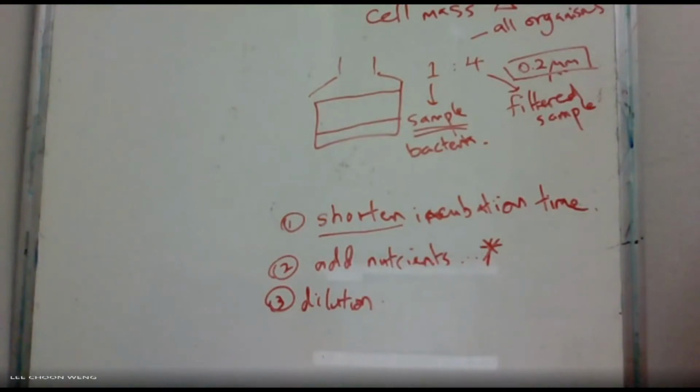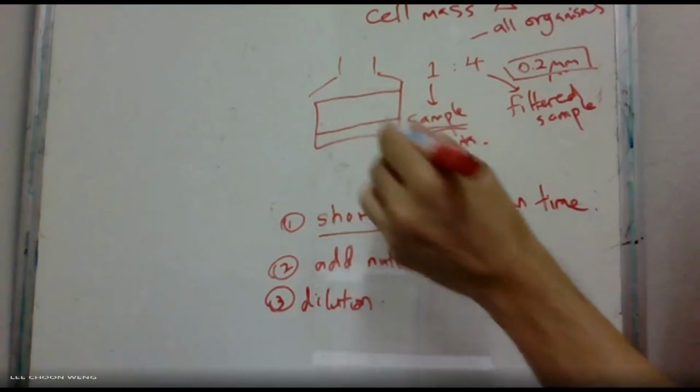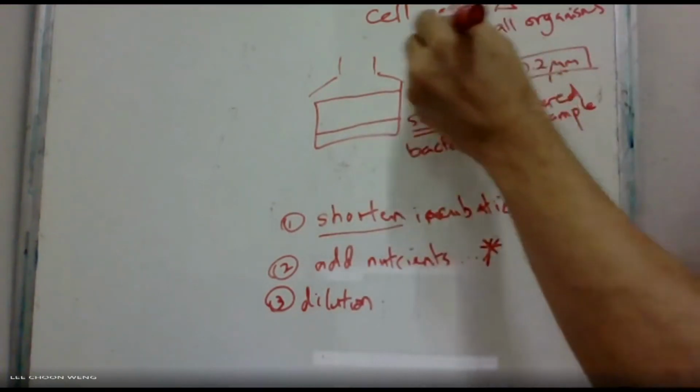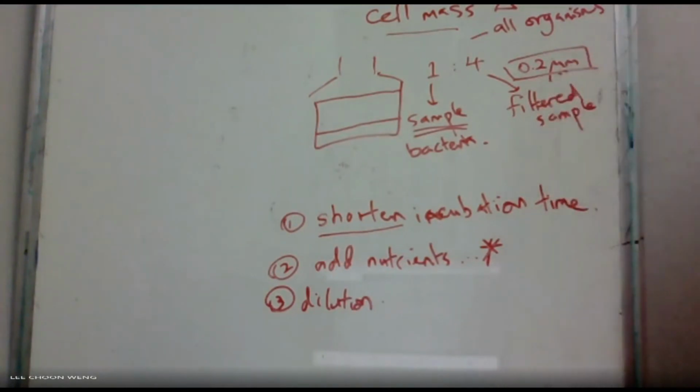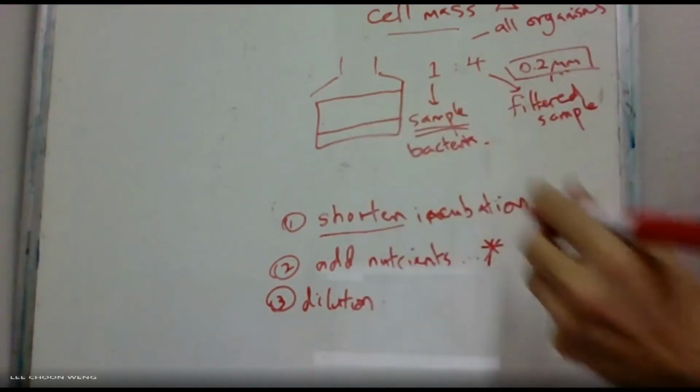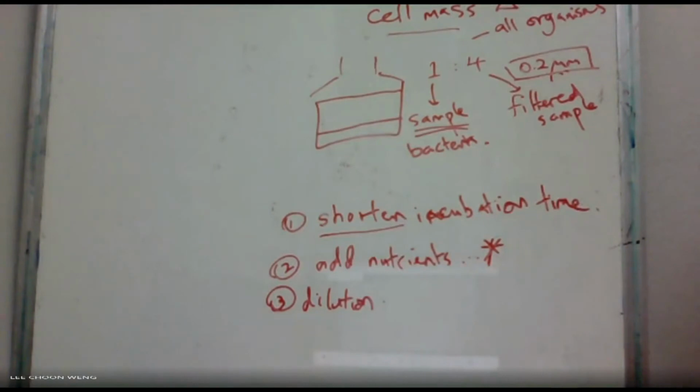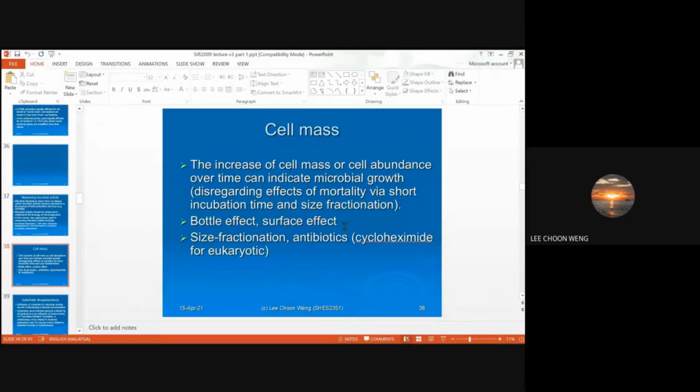And from there, you'll be able to observe the changes in cell mass, and then you can plot the growth rate of the bacteria. Okay, so we can carry out the incubation, observing the increase in cell mass or cell abundance over time to indicate the microbial growth.